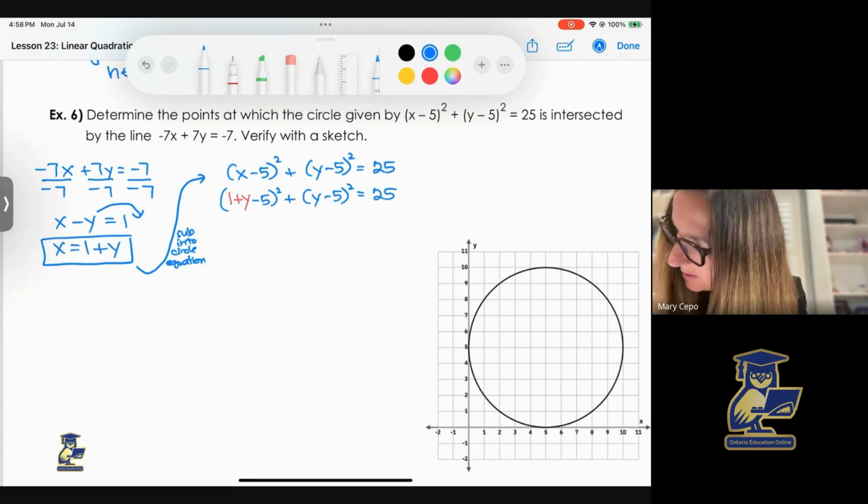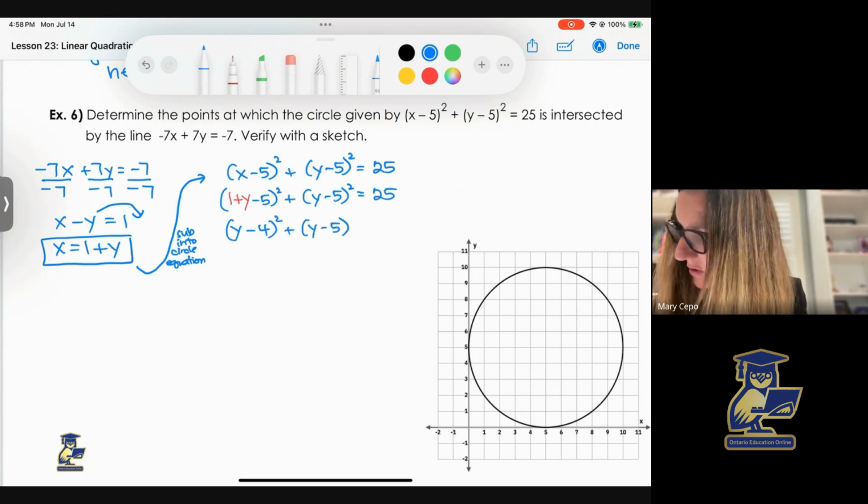So that becomes (y plus 1 minus 5), which is y minus 4, all squared, plus (y minus 5) all squared is equal to 25.